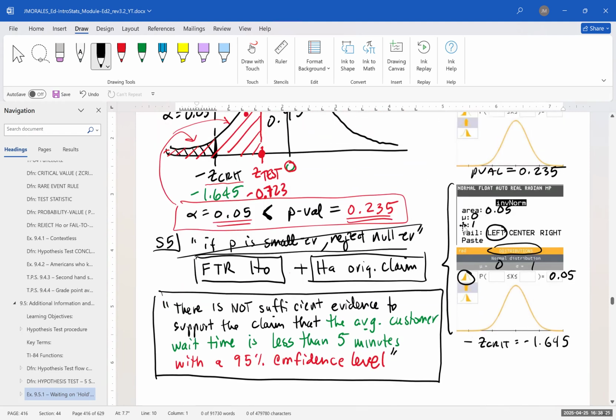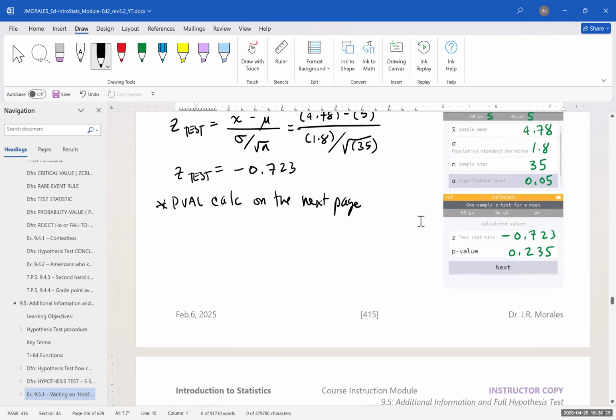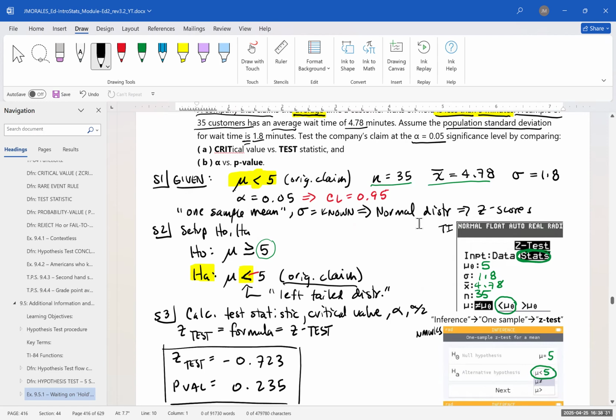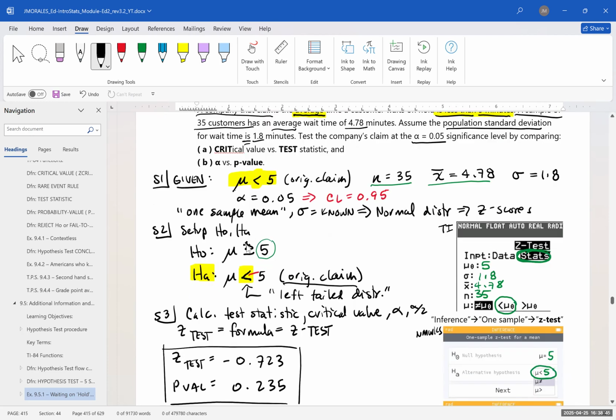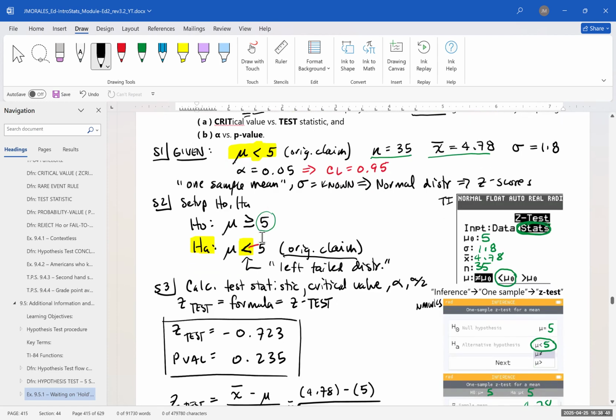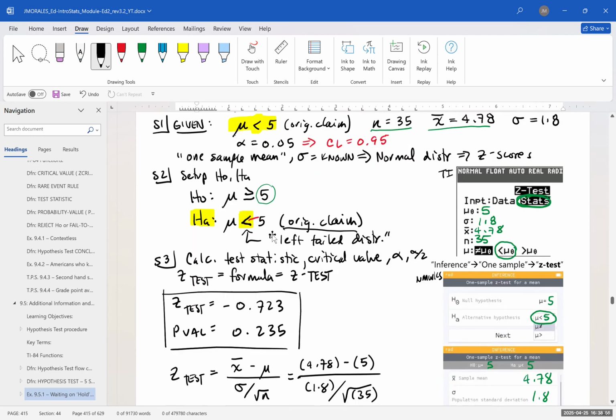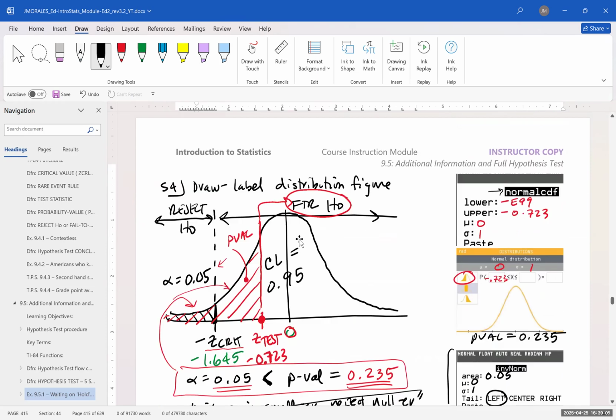Okay, so what we ended up doing is taking all of the individual parts that we've learned in sections 9.1 through 9.4, starting with converting our word problem into given information and setting up a null and alternate hypothesis, making sure that we record which was the original claim and what tail of a distribution we're dealing with, because the tail comes into play later.